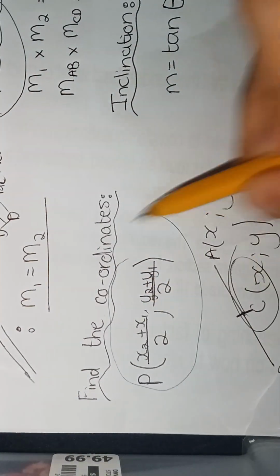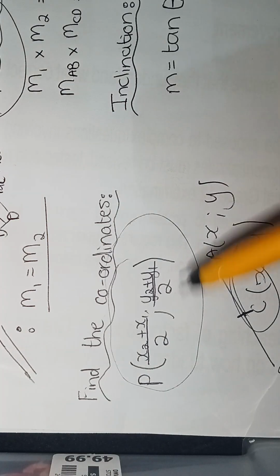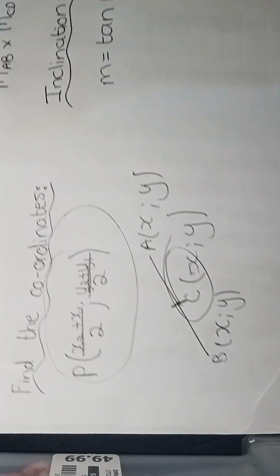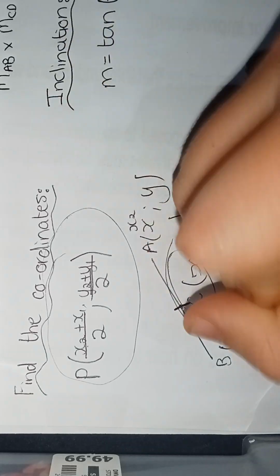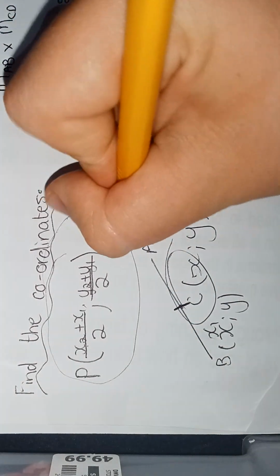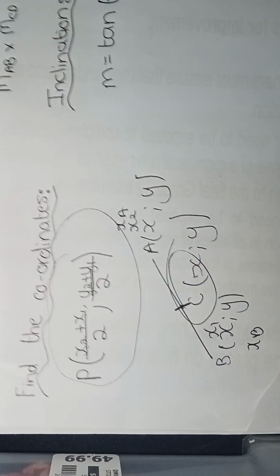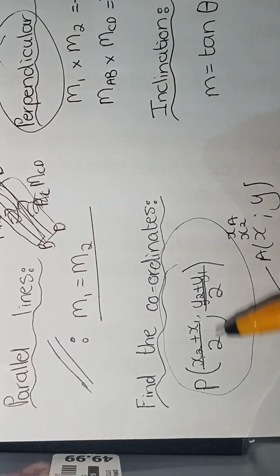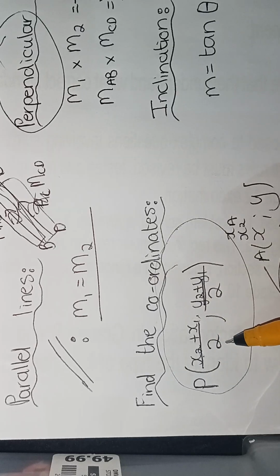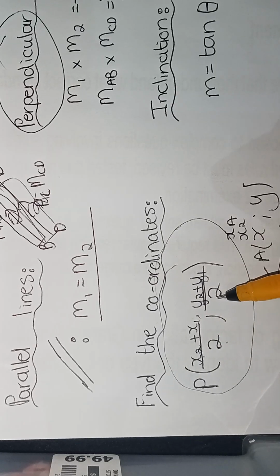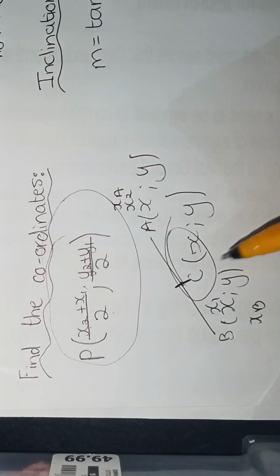Then you use this formula. Your x, you can number it again, x2 or x1, or you can even number it as xa and xb. It really doesn't matter. So you add the two x's divided by 2, add the two y's divided by 2, and then you would get the coordinates.